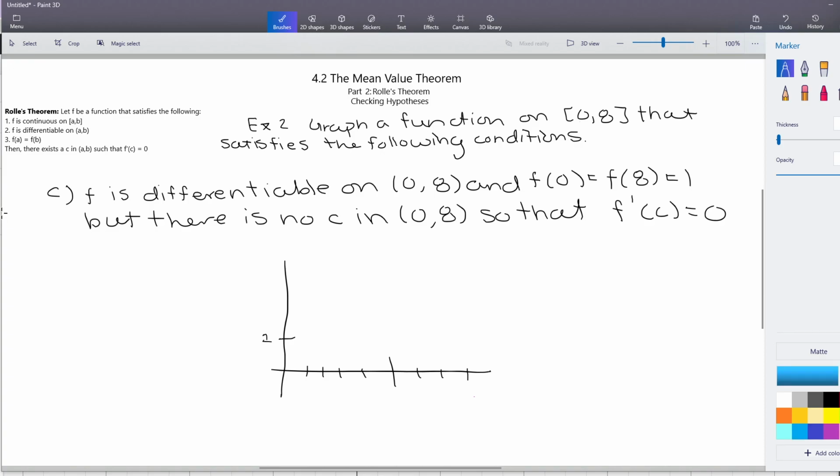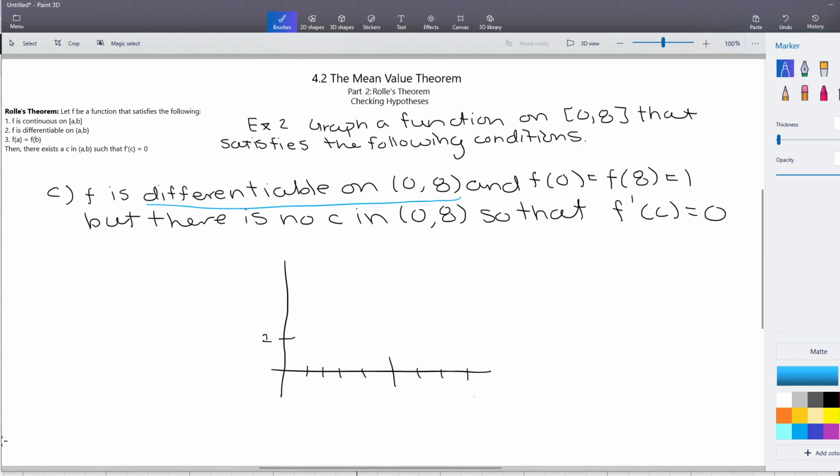Now, before you pause the video to try to draw this function yourself, I want to remind you that if the function is differentiable on (0, 8), that means the function is also continuous on (0, 8). It is a stricter condition for the function to be differentiable than it is to be continuous.